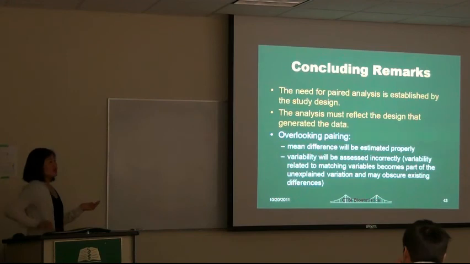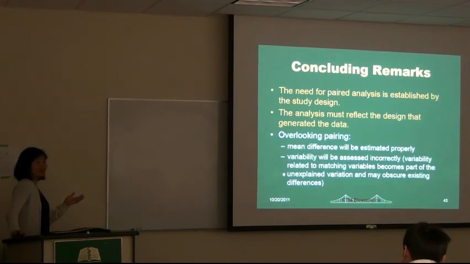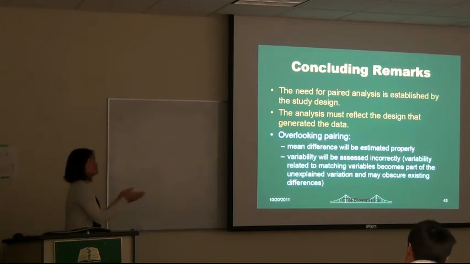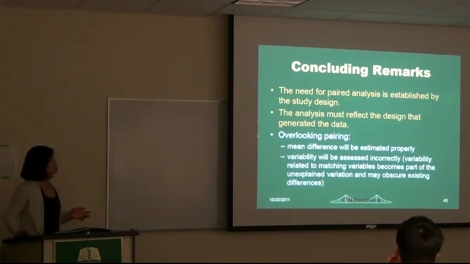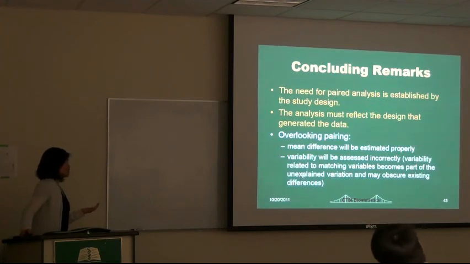Because if you ignore the pairing, your variability is higher because you don't account for the commonality between the observations you get in each subject. Okay, so your variability is higher. So more than likely, in a paired t-test, you will end up failing to reject the null hypothesis if you don't include pairing in the test.